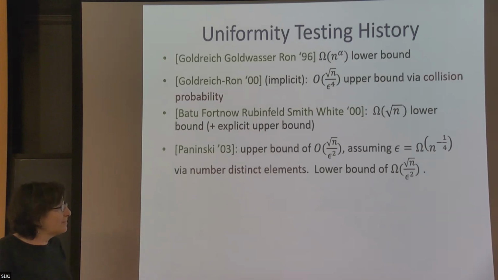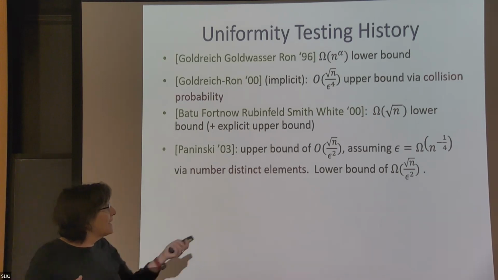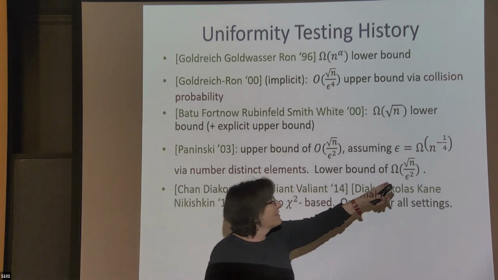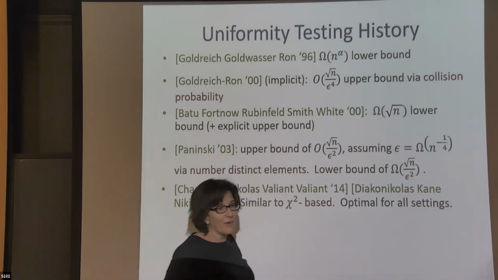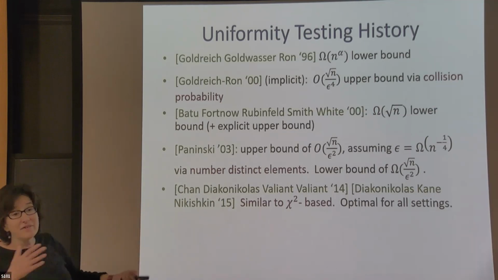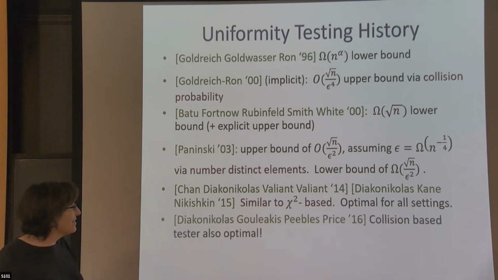Paninski gave tight bounds by looking at, instead of collisions, the number of distinct elements. He had to make a minor assumption that epsilon is Omega of n to the -1/4. But then Chan et al. and Diakonikolas et al. gave a different estimator, based on a chi-squared-like test, that's optimal for all settings. And then Diakonikolas, Gouleakis, Peebles, and Price showed that the collision-based tester is also optimal.